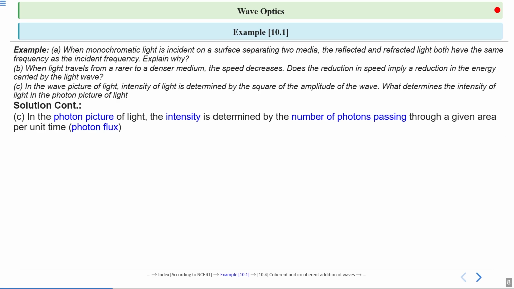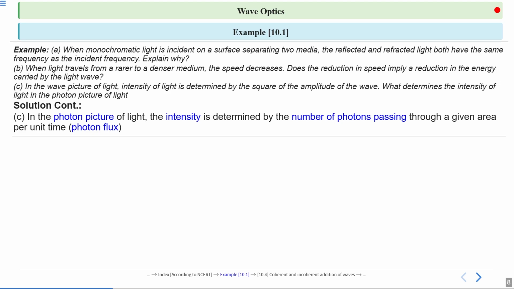Now, when we consider the wave nature, or the wave picture of light, intensity is determined by the square of the amplitude of the wave. Amplitude we will see in the further slides.